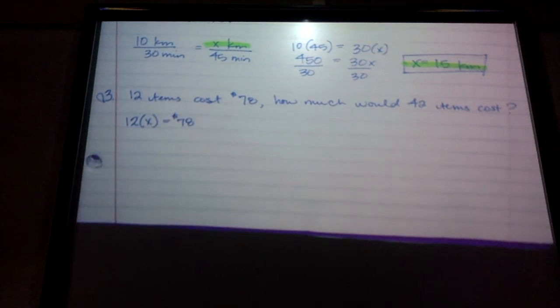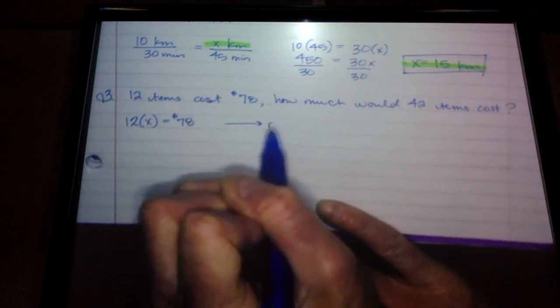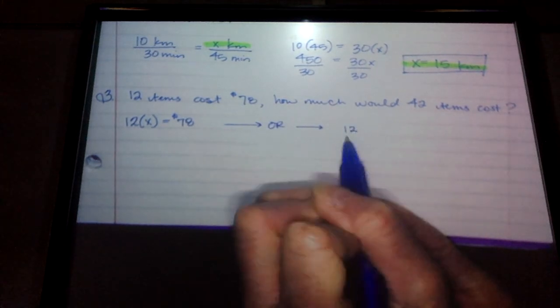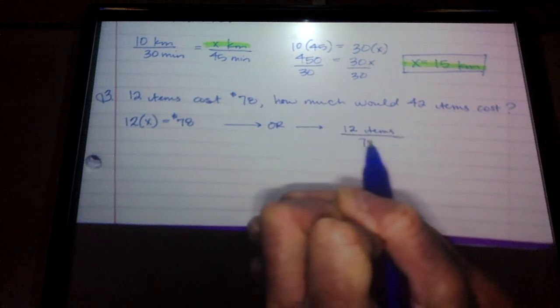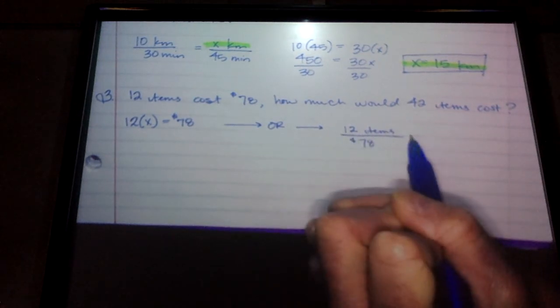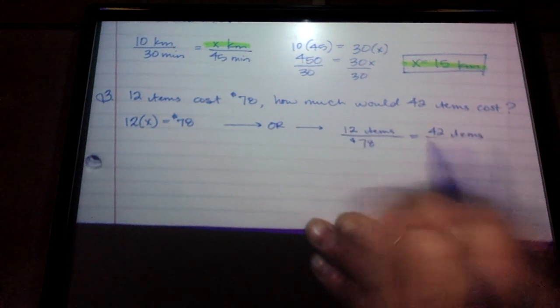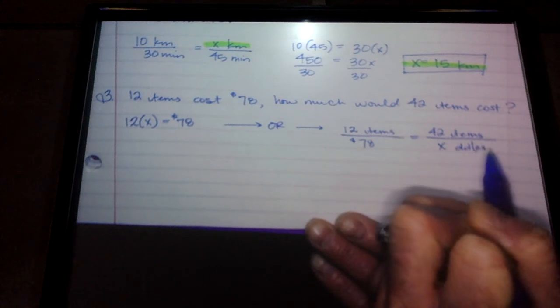I don't know how much each item costs, so I'm going to figure that out. Or I could set up a proportion. 12 items is to $78 as 42 items is to x dollars.